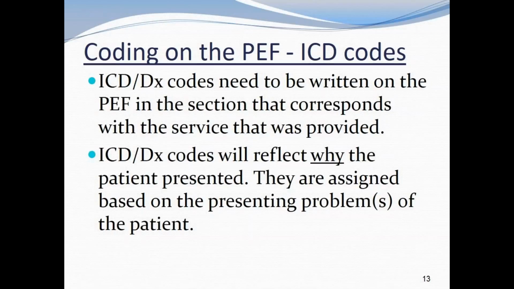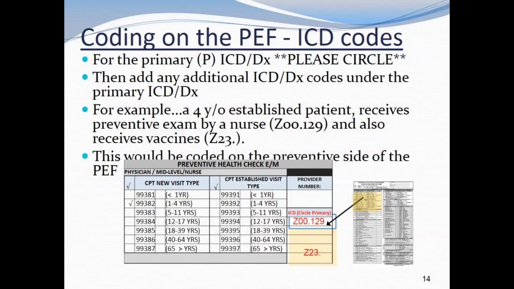That's your what you're doing, and your why is going to be in that box that is right next to it. And I give you an example here. If you'll notice, I took out the W codes, so there's just the 99 codes on this. So this is your example of what I'm talking about here.